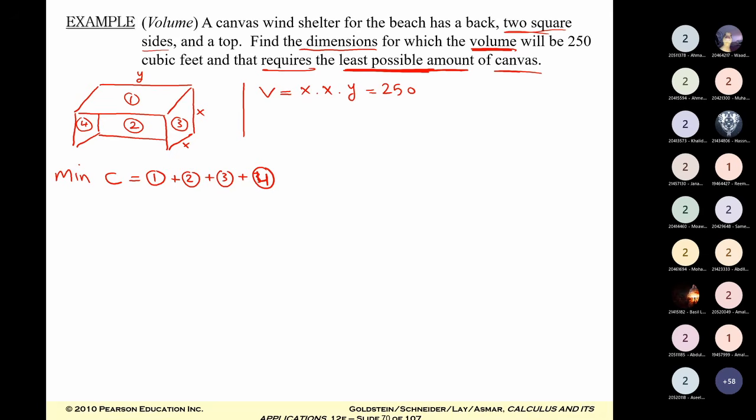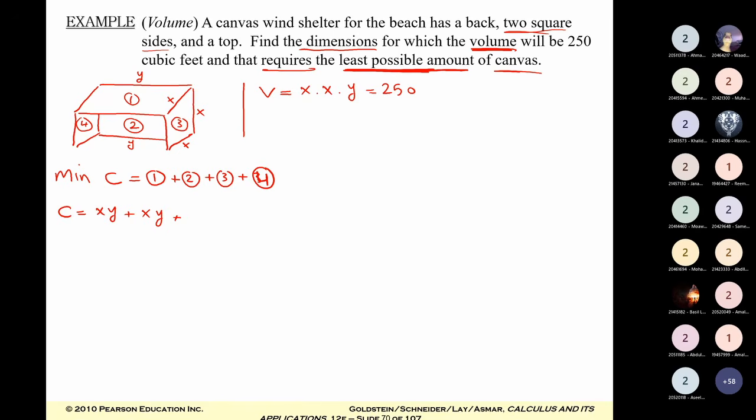Okay, so this C equals number 1, the area of number 1, x في y, because this is x. الباك برضو x في y. This is y and the height x, so x في y also.